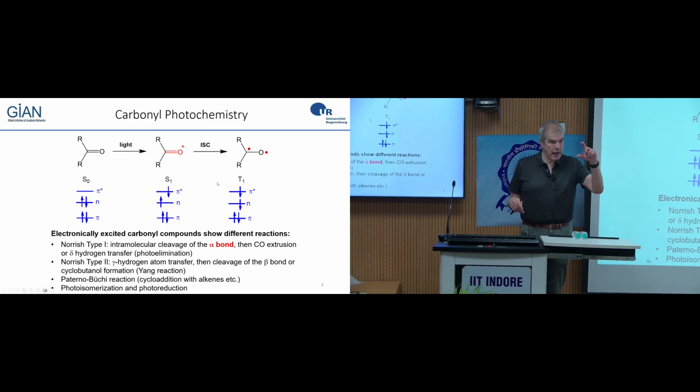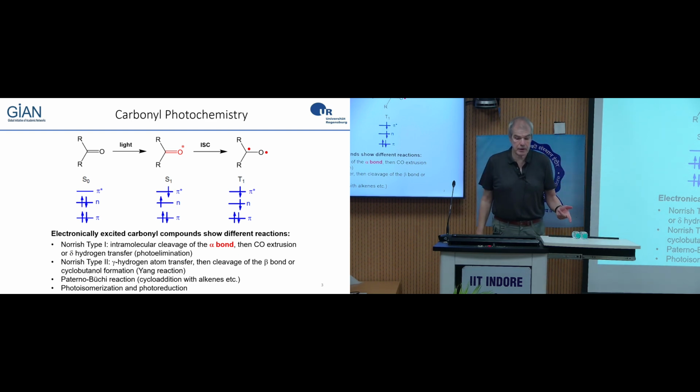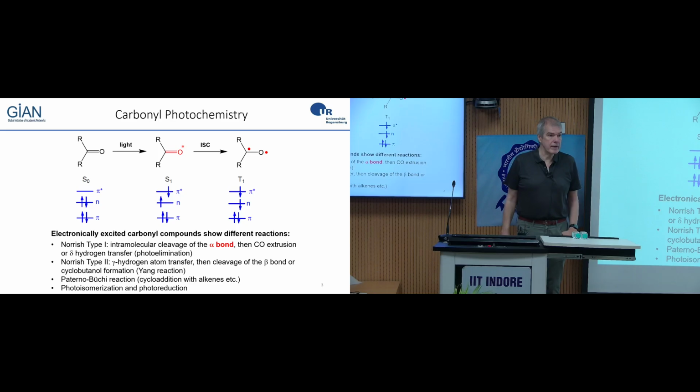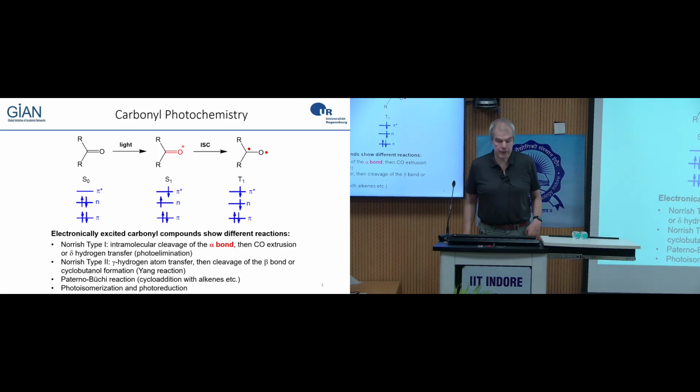And this triplet energy, the energy where the triplet is higher than the ground state, is the energy you can transfer to a substrate, right? So very important, you need to know how big the triplet gap is, the energy gap, and you need to match it with your substrate so that this reaction can work.